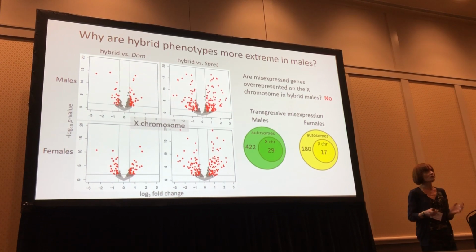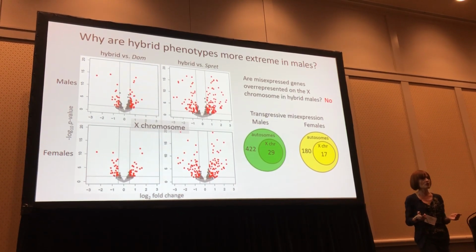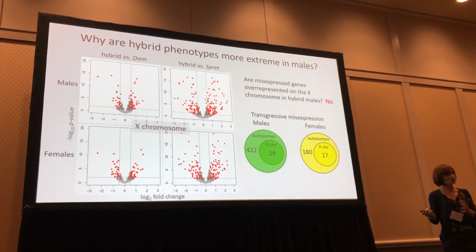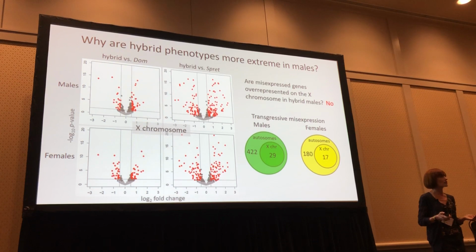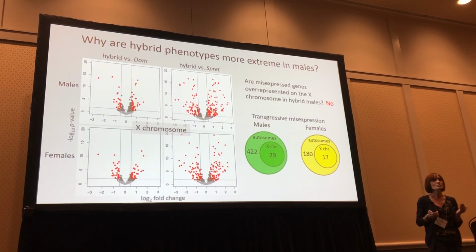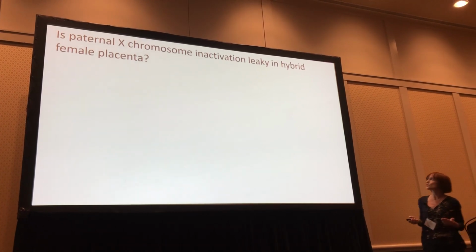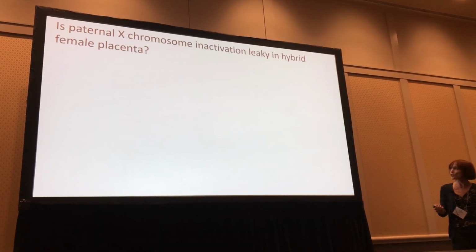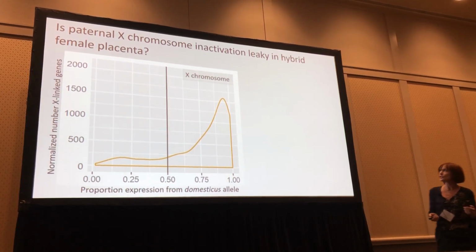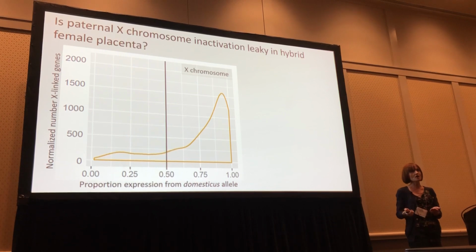So at this point, we thought, okay, just because in regular female rodent placenta the paternally inherited X chromosome is silenced, maybe this isn't entirely the case in these hybrid females. Maybe there's some sort of rescue effect from leaky placental inactivation of the paternal X. So what we did was look at allele-specific expression on the X chromosome, just in hybrid females.